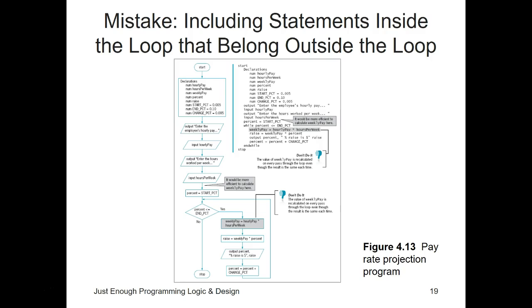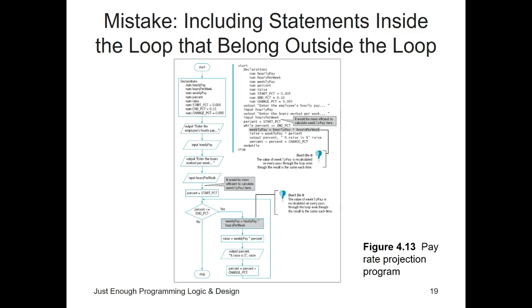So here we want to say percent equals start percent. So percent up top equals start percent, or 0.005. And so then our percent, we go down into our loop. So our loop is based on that value percent.